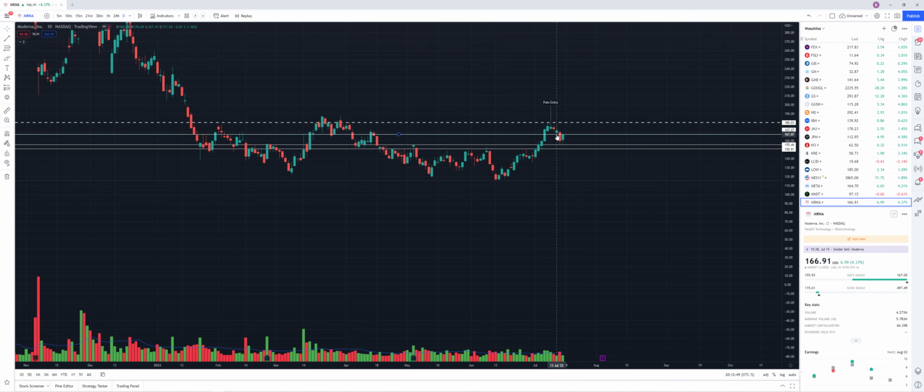I had a pretty big position on it too, so that would have been a pretty nice trade. But I sold right here. Why? Because this level of 166 had held before over here.